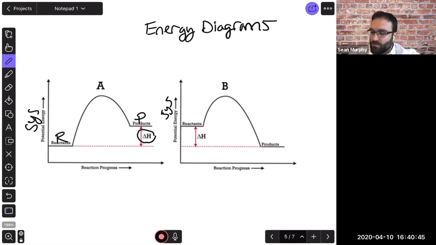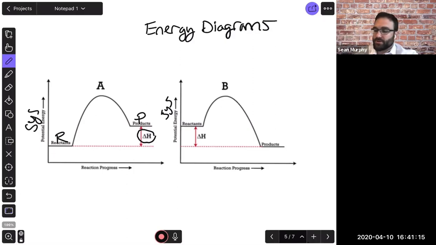Now, in order for a reaction to occur, you need a little bit of extra energy. Think of this as nature's speed bump, so that in order to get from point A to point B, from reactants to products, it's not going to make it easy, because this delta H is not a big gap. So you need to put in a little bit of extra energy.